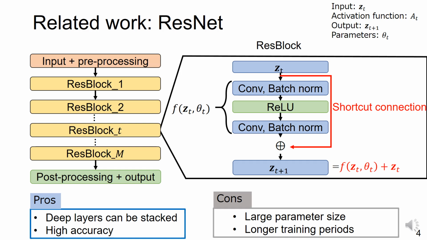The advantage of using this architecture is that high accuracy can be achieved by stacking layers deeply, since it can deal with problems such as gradient vanishing. On the other hand, it has a disadvantage that the number of parameters and intermediate outputs can be huge in size, resulting in a long training time.